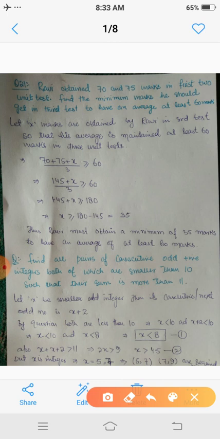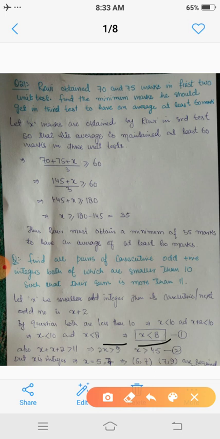Also their sum is greater than 11, which implies that x is one odd number and its consecutive odd is x plus 2. Their sum is greater than 11, which implies that x plus x plus 2 is greater than 11, or 2x is greater than 9, which implies that x is greater than 4.5.